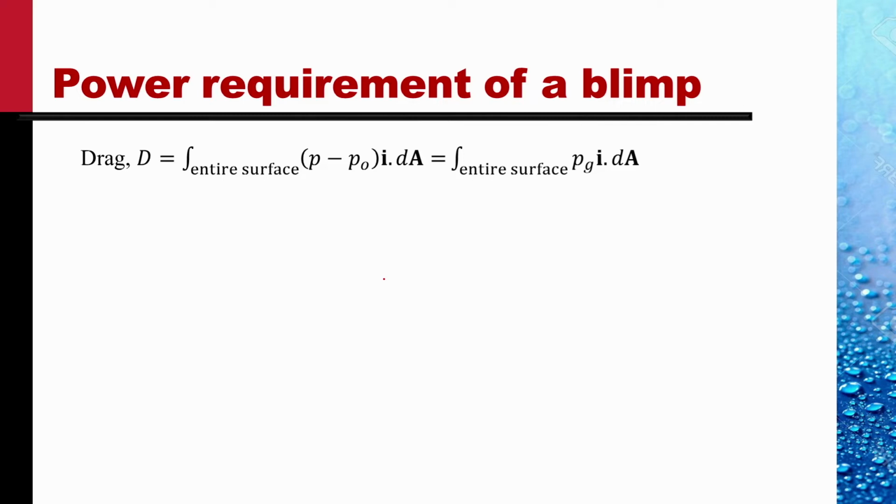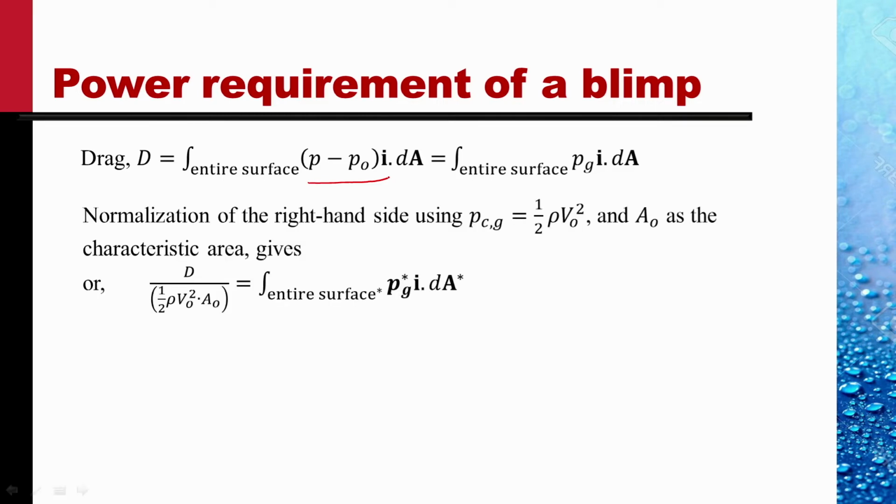So the drag D is the integral of the gauge pressure, the component taken in the ith direction, integrated over the entire surface. Normalization of the right hand side using the characteristic gauge pressure as 1/2 rho V naught square, the dynamic pressure, and using A naught, the characteristic area, we get drag divided by 1/2 rho V naught square times A naught is equal to this integral over the entire surface.